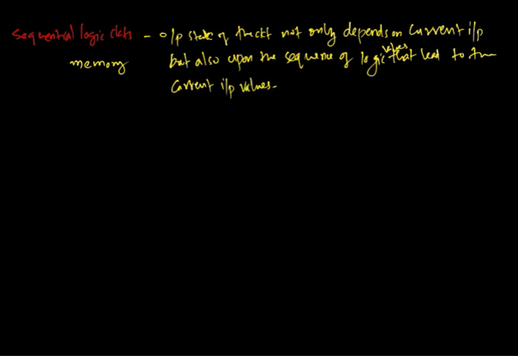So in order to change the output of a sequential logic circuit, not only do we have to change the input values, some instruction has to come to change that output state. That means they can be used as a memory. So the most important memory elements in this category are the flip-flops.